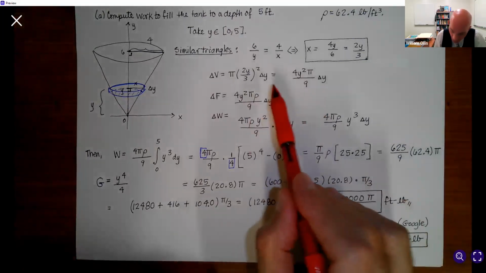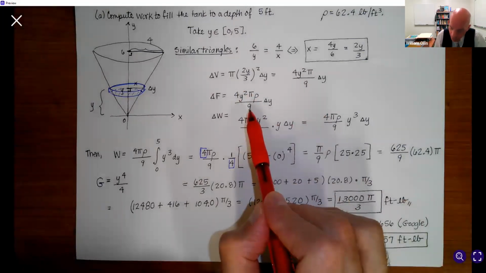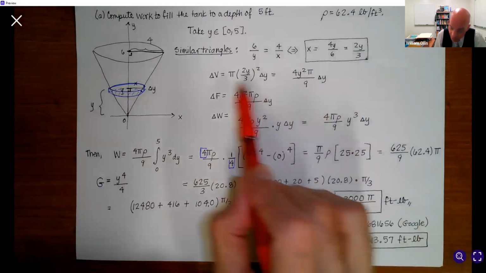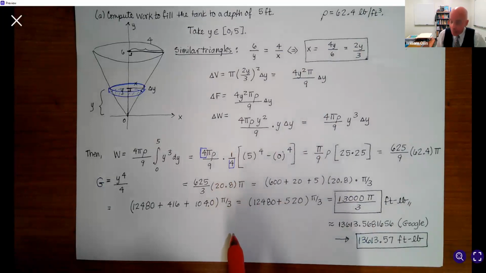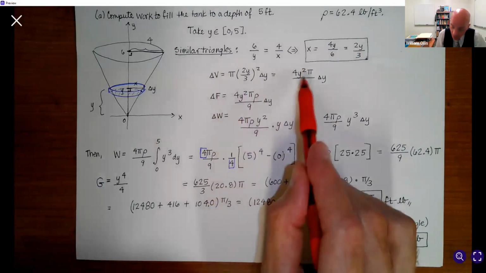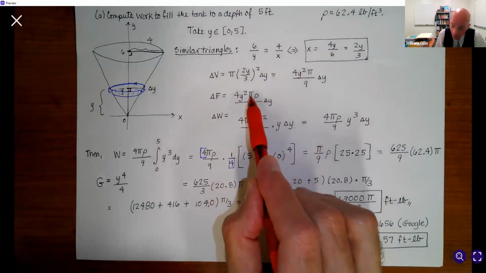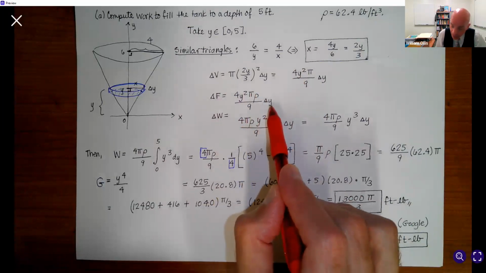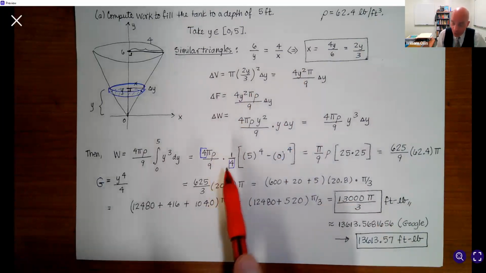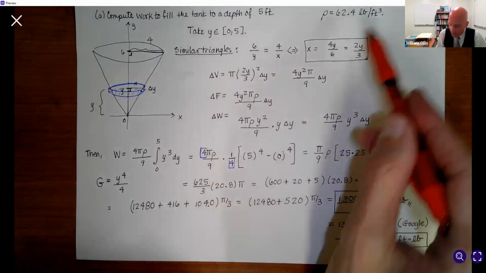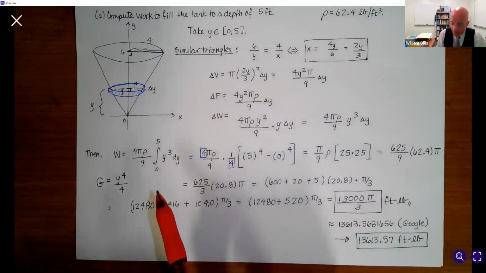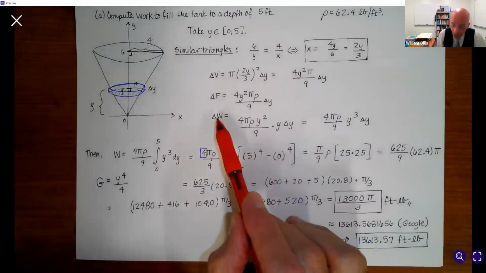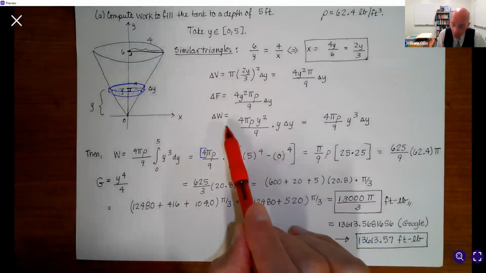So now we're thinking, okay, well, what's the force? We simply take the delta V and multiply it by the weight density. So we take the delta V here, which is 4y squared pi divided by 9 times delta y, and multiply that by rho. I called it P, sorry, it's a rho. Put the rho anywhere you like, it doesn't matter. Now, how do we get the delta W?